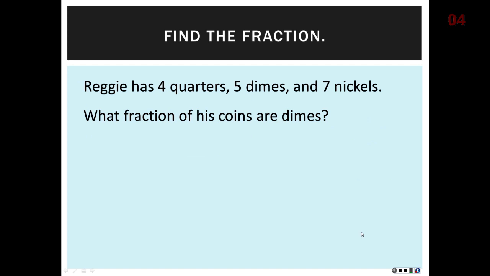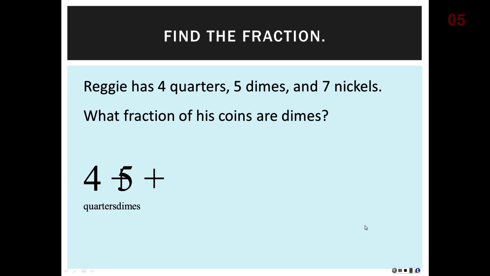Now, here's a nice little real-world problem that we're going to use fractions for. Because you guys say that you don't use your math, but yes, you do. You use it. Reggie has 4 quarters, 5 dimes, and 7 nickels. What fraction of his coins are dimes? 5 out of 16, somebody told me?